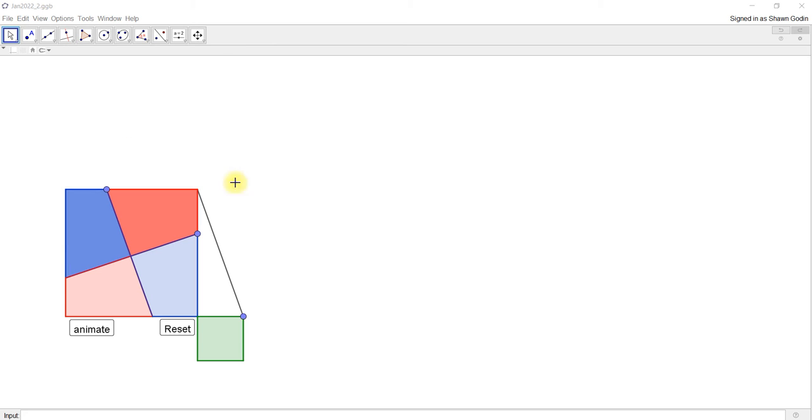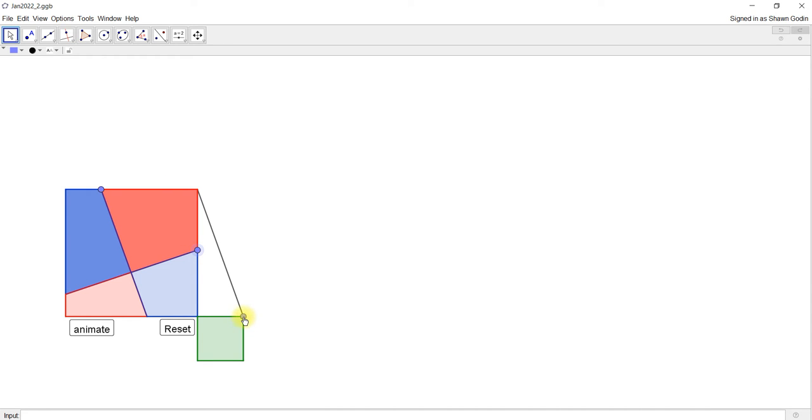So in this sketch, it's basically a show of the Pythagorean Theorem. In it, we've got our two squares on one side of a right triangle. One of the squares is being cut into four pieces by two slices. We can change the locations of those slices by using these points here.